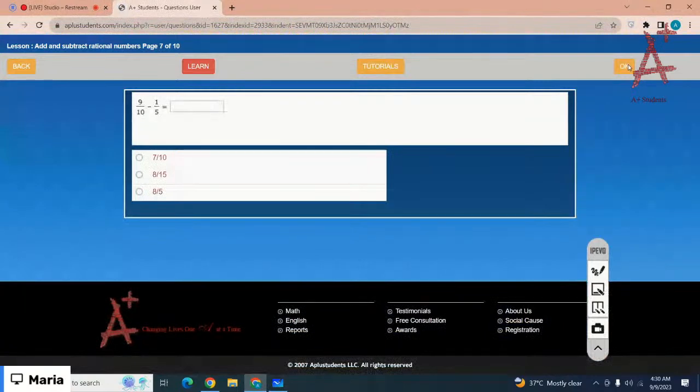Okay, the next one is you have to subtract 9 by 10 minus 1 over 5. How do we subtract? These are two fractions with different denominators, right? First of all, you have to make their denominators the same.